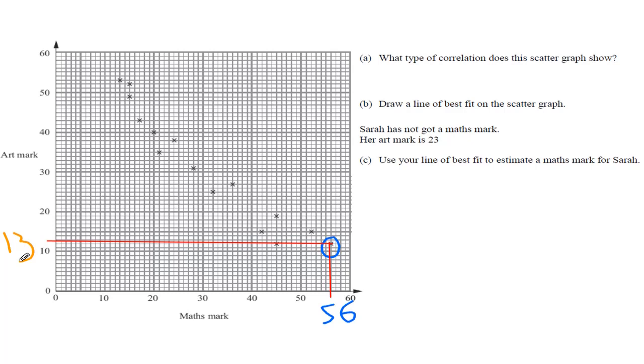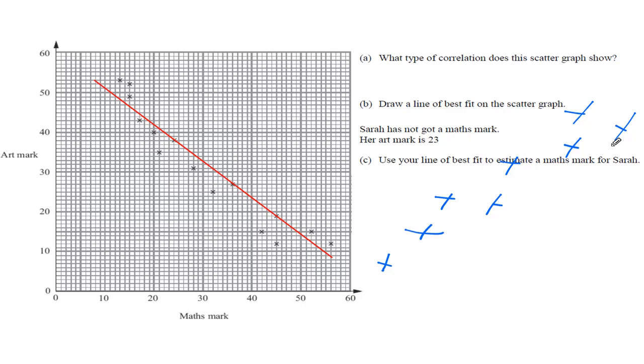It seems as if the higher the math score, the lower the art score. So this is what we call a negative correlation. For negative correlation, all the crosses tend to go downhill like that. If the crosses were going upwards like so, that would be called a positive correlation.